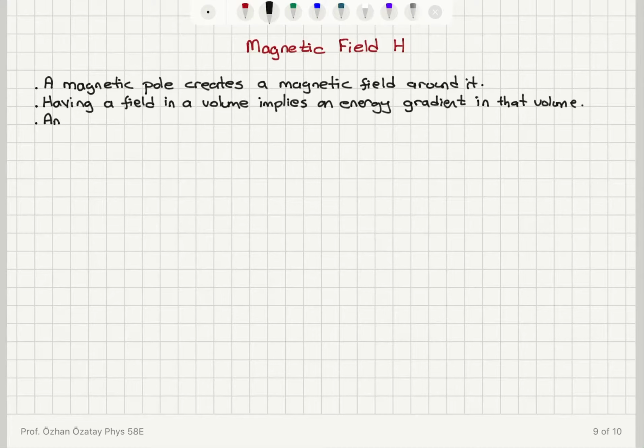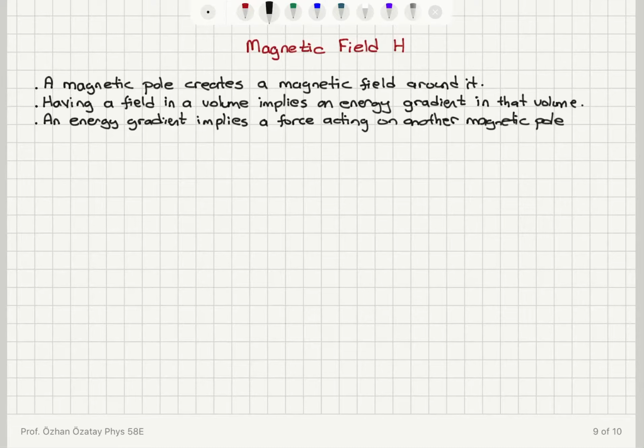So an energy gradient implies a force acting on another magnetic pole when brought into this volume.